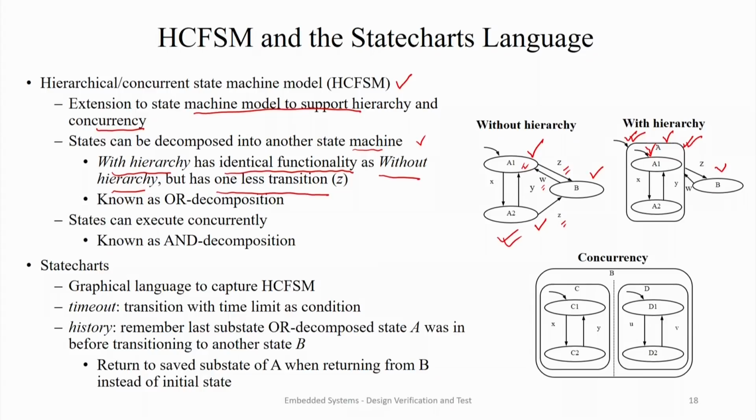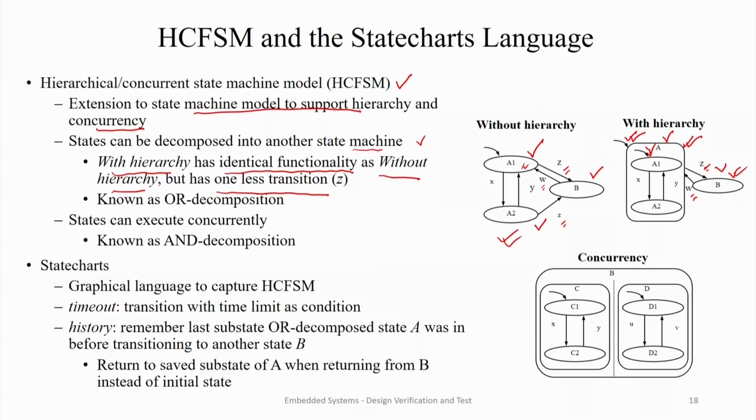Now, from this state A, whenever you have this input Z, you move to state B, and at state B, whenever you have this input W, you move back to state A and to the initial state of A, which is A1.